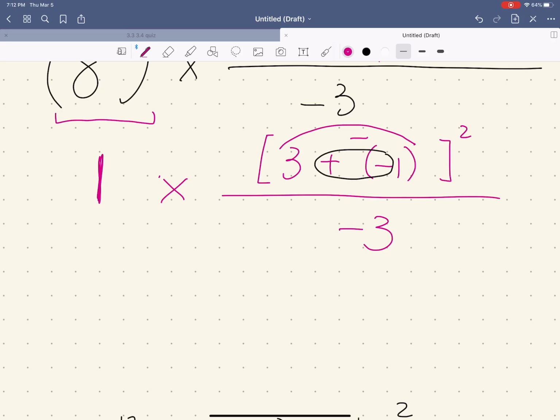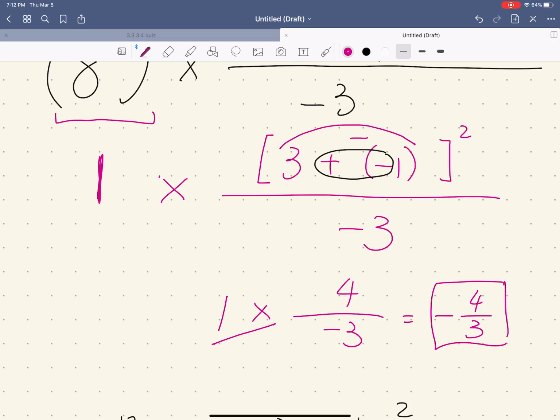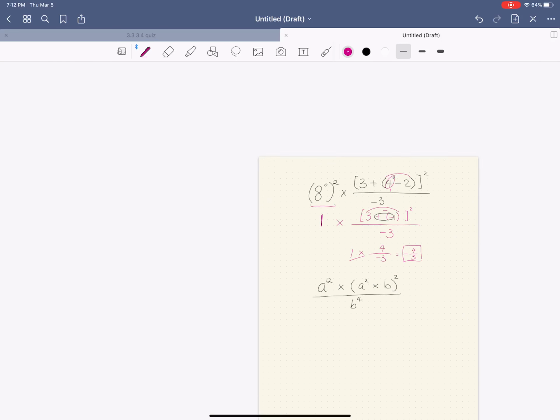So it's 3 minus 1, which is a 2. 2 to the power of 2 will give you a 4. Okay. And I will just write down 4 here, just to save space because I'm running out of space. So that's really obvious. The 1 times you can actually ignore it now because 1 times itself is just itself, equals negative 4 over 3. That's your answer.